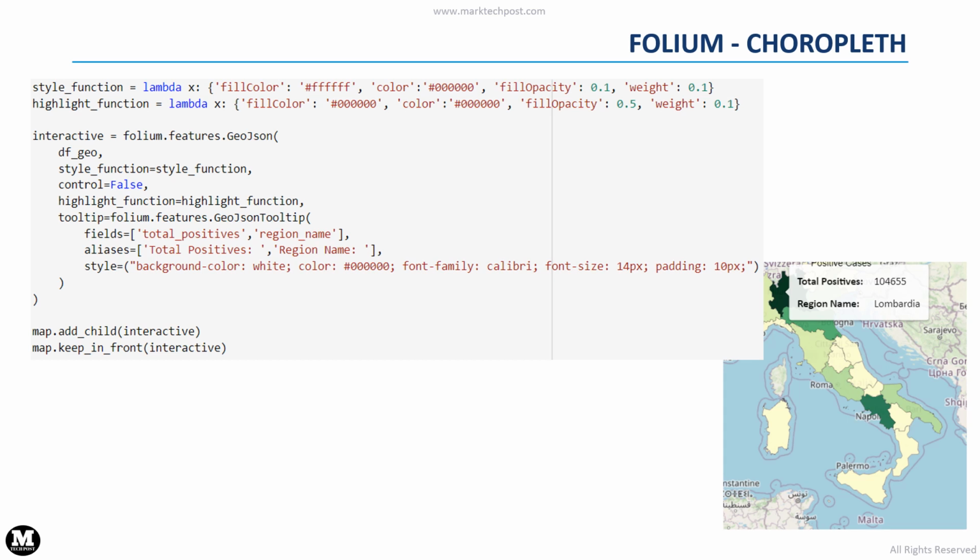The highlight function defines the style of the object when we pass over it with the mouse. In this case, the region will be black colored. The tooltip argument is used to define the pop-up. Here we ask the library to display the total positives and the region name associated with the region.